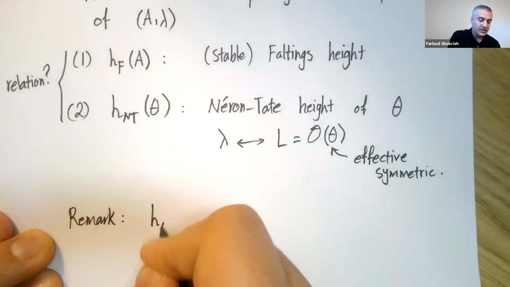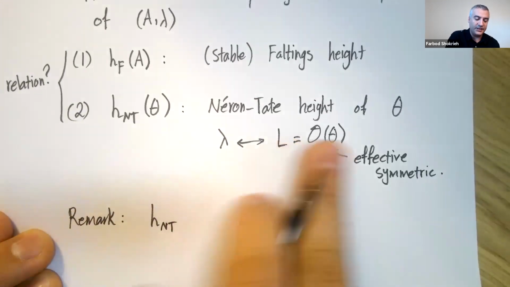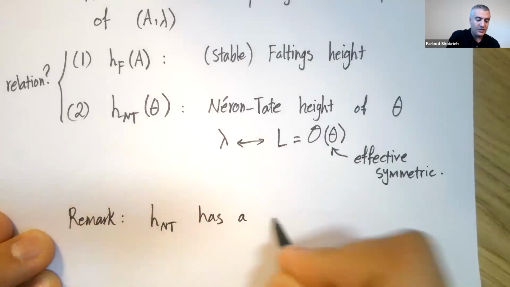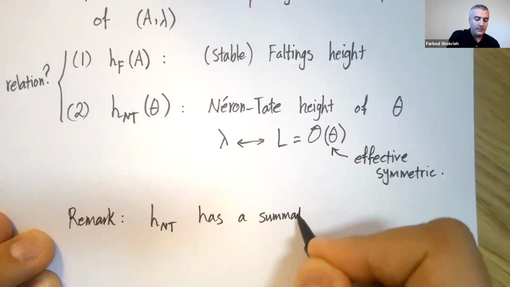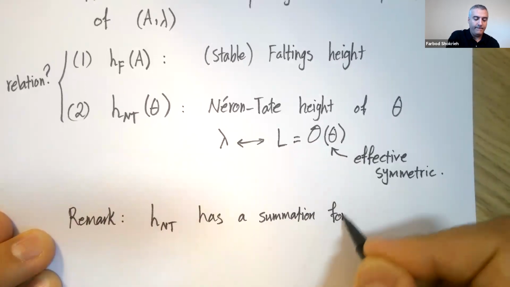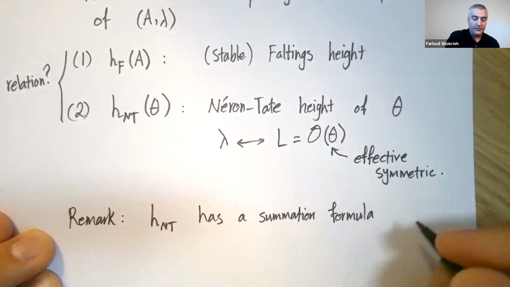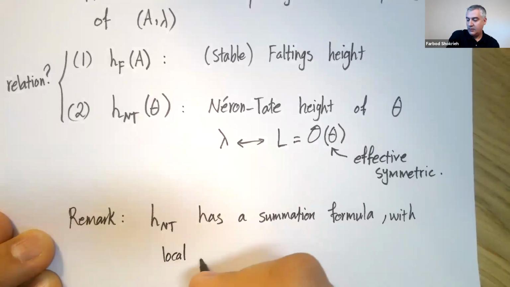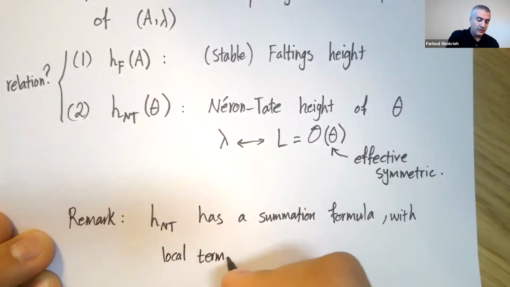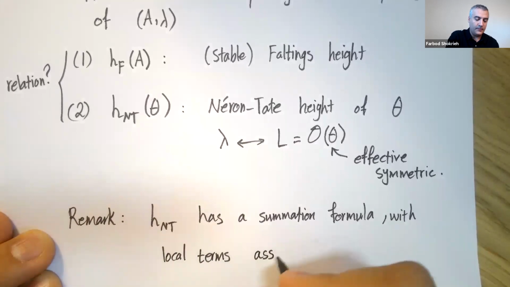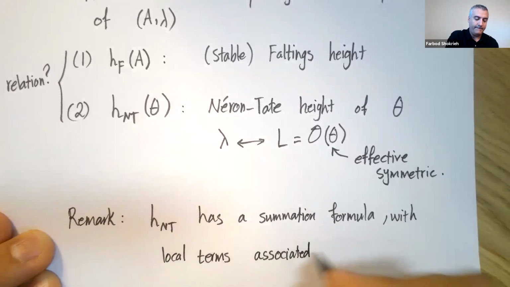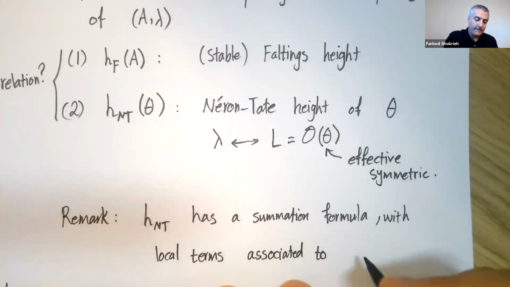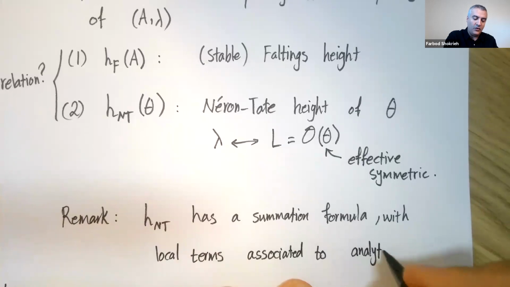that, as I mentioned, Néron-Tate height, first of all, depends on the polarization. That's clear, but has a summation formula with local terms associated to analytic spaces over infinite places.